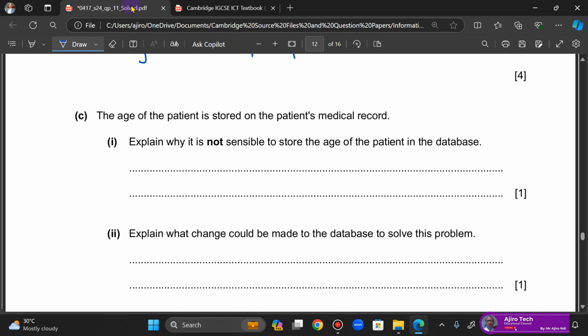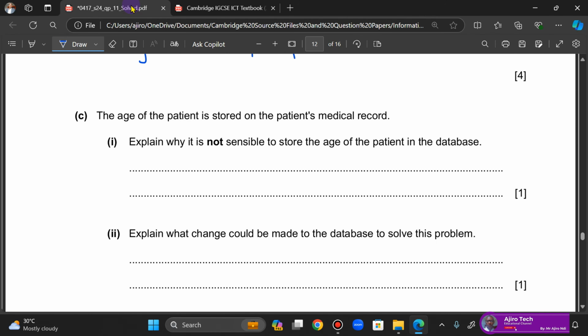The age of the patient is stored on the patient medical record. Explain why it is not sensible to store the age of the patient in the database. Let me give you one reason. If my age is, okay, you guys think I was going to tell you, right?